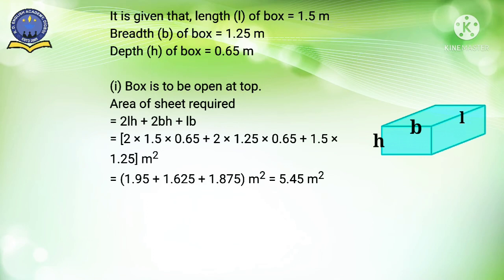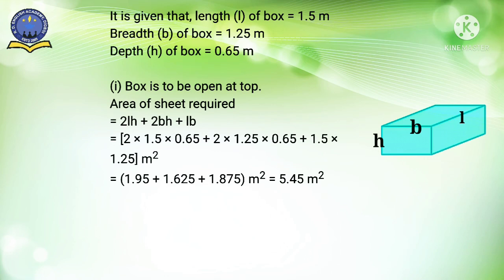So 2 into 1.5 into 0.65, plus 2 into 1.25 into 0.65, plus length into breadth, that is 1.5 into 1.25. Calculating, we get 1.95 plus 1.625 plus 1.875. Adding these 3 results, we finally get 5.45 meter square. This is the area we need.